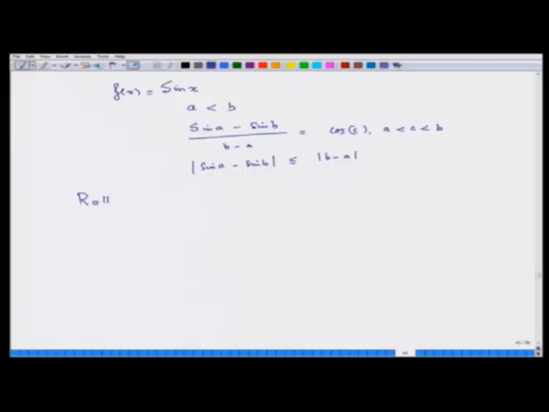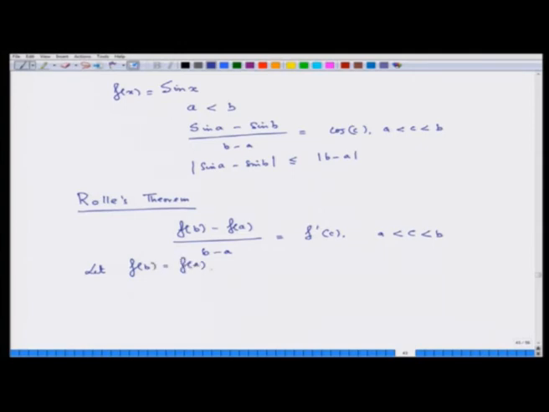Rolle was a very colorful character, by the way, but this theorem is very interesting. Same sort of stories. Now write down the mean value theorem. Now make this interesting assumption. The assumption is, let f(b) be equal to f(a).